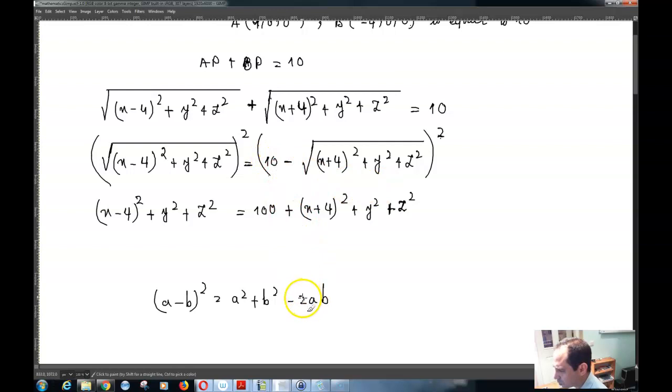So 2 times 10 is 20, so that's negative 20 times the square root of (x plus 4) whole squared plus y squared plus z squared.